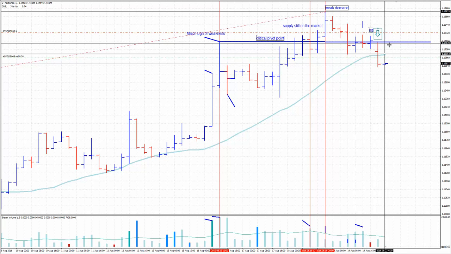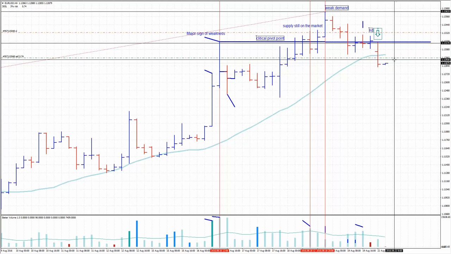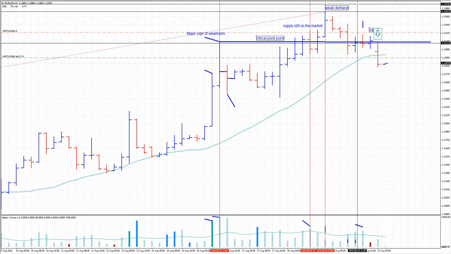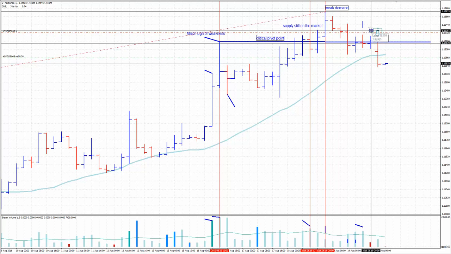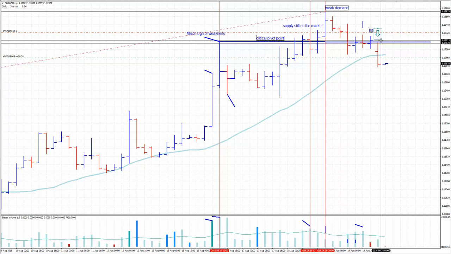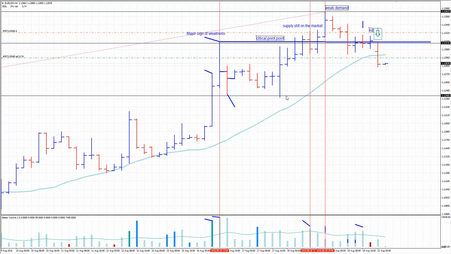I sold the USD because again there is weakness in the background, confirming there is no big demand here, and I'm expecting lower price. The price can go to revisit this swing low, or go later on to visit this swing low.